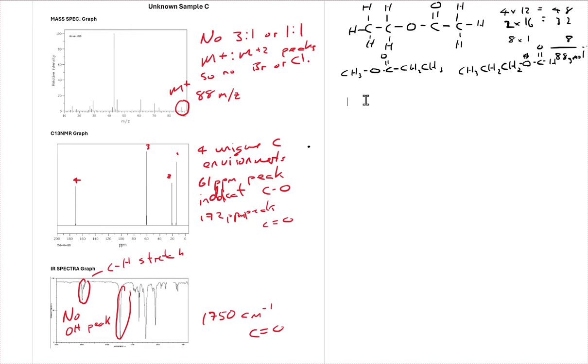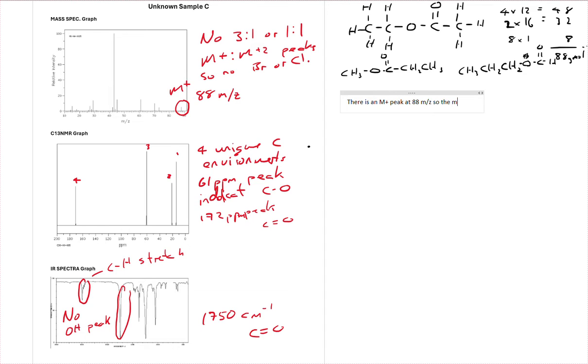So let's start the first paragraph. We're going to write about our first graph. So there is an M plus peak at 88 m/z.